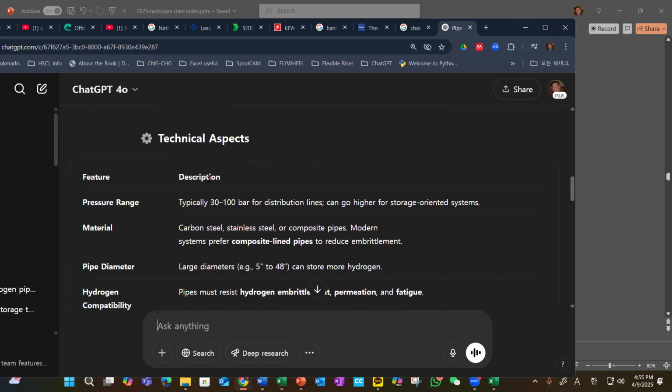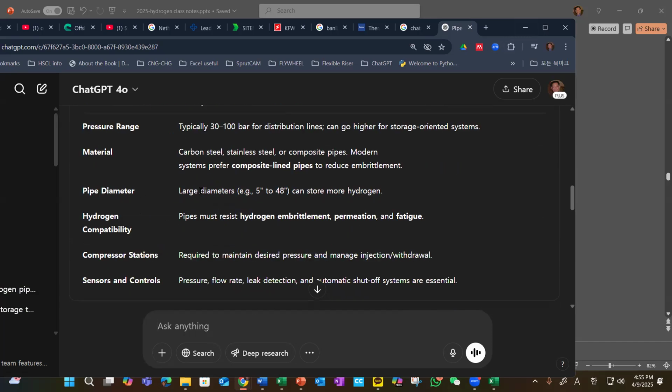Typically 30 to 100 bar for distribution lines; it can go higher, of course, for storage-oriented systems. And the material can be carbon steel, stainless steel, or composite pipe.